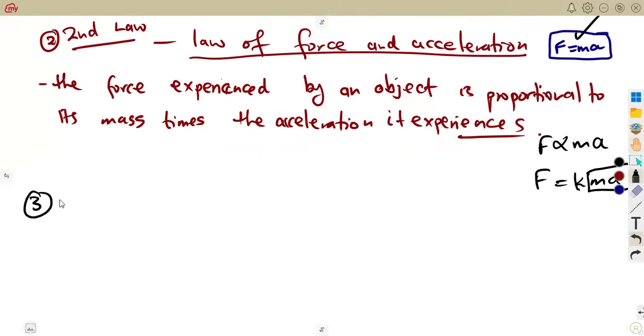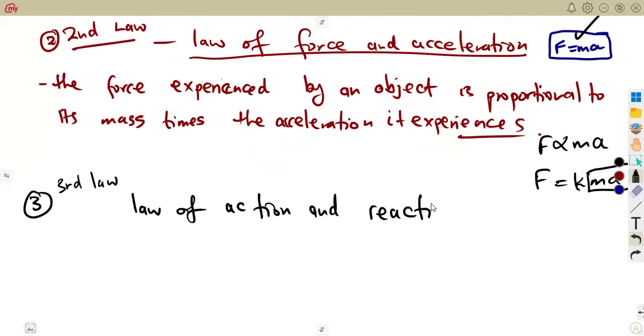All right, on number 3, we consider our third law, that is the law of action and reaction. So guys, we know this.